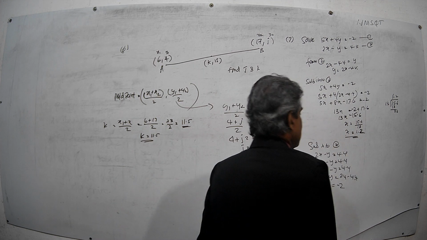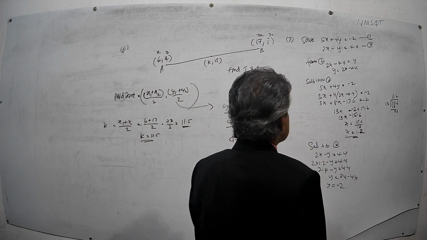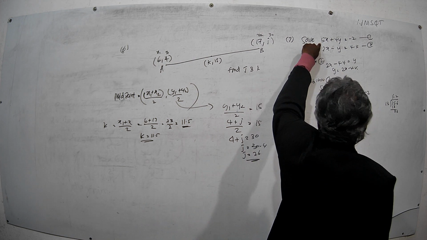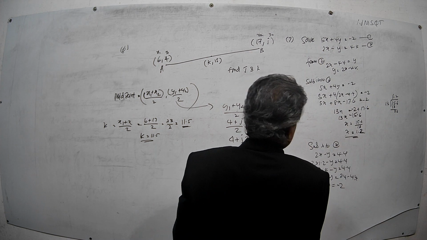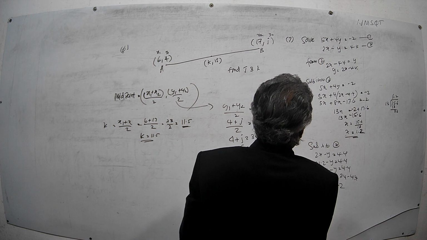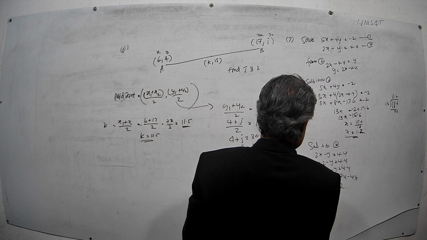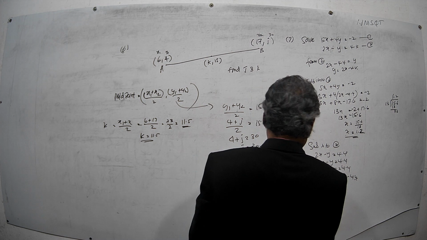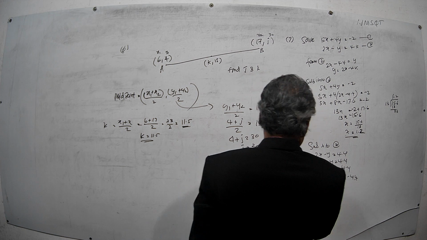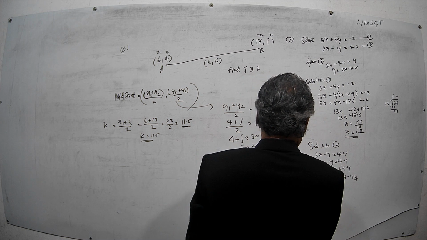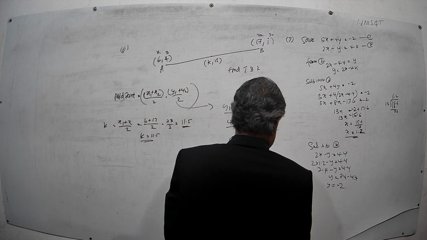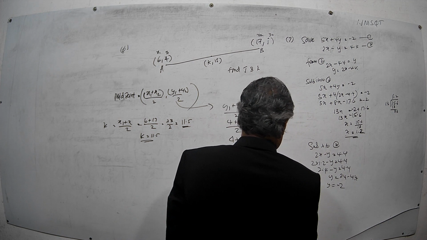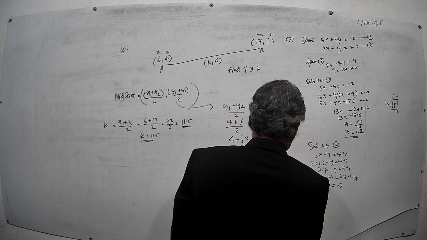Now see whether the answers are correct. Substitute these x and y values into the first equation: 5 times 1.2 plus 4 times minus 2. 5 times 1.2 is 6, plus 4 times minus 2, which is minus 8.